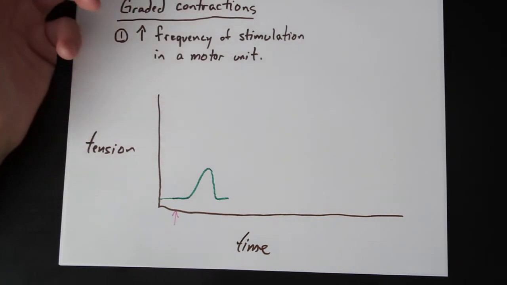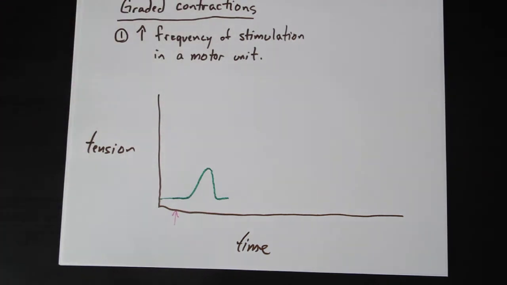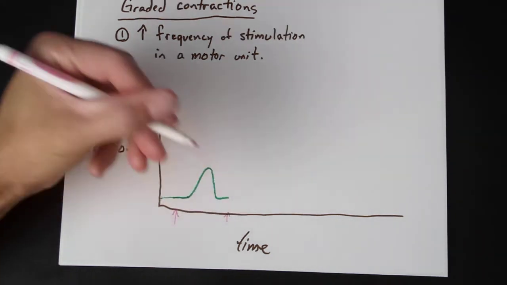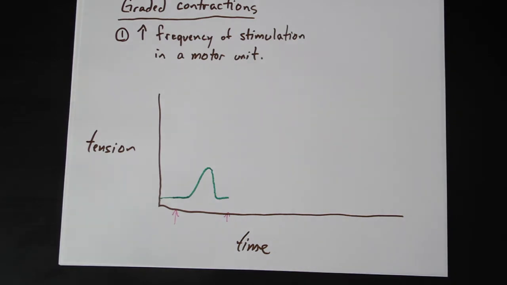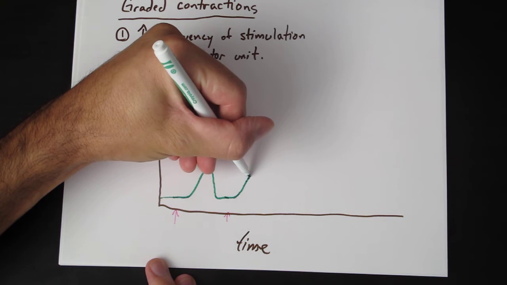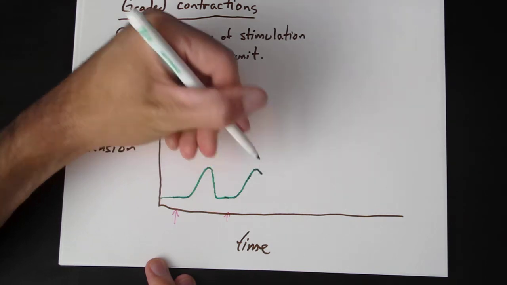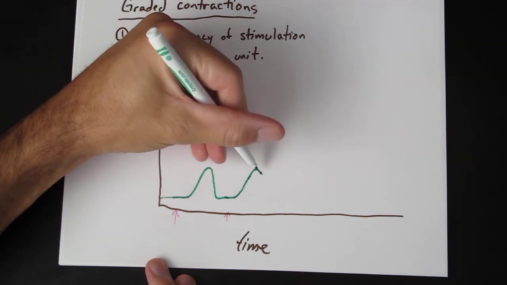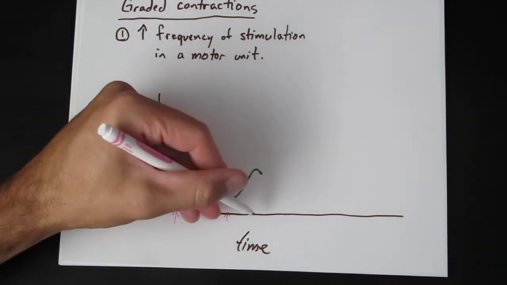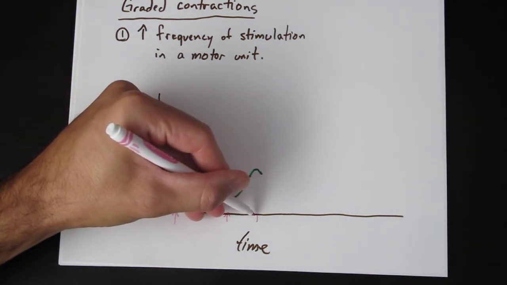All right? Good? Let's go ahead and stimulate it again. So we have the muscle being stimulated again, and we see the same thing happening. All right? Muscle twitch, about the same tension occurs. But here's the thing. What I'm going to do now is, before it can come back to relaxation, I'm going to stimulate it again.